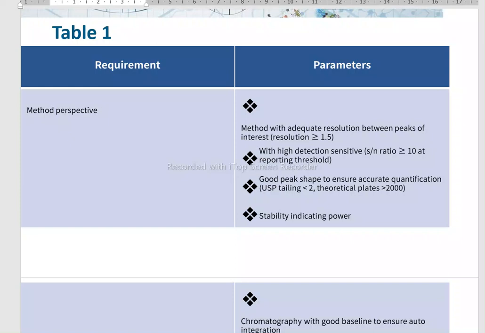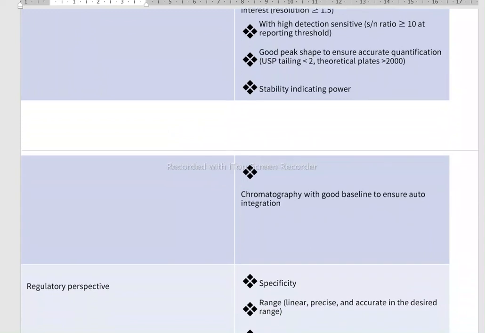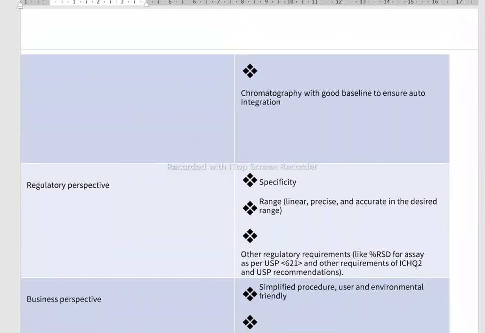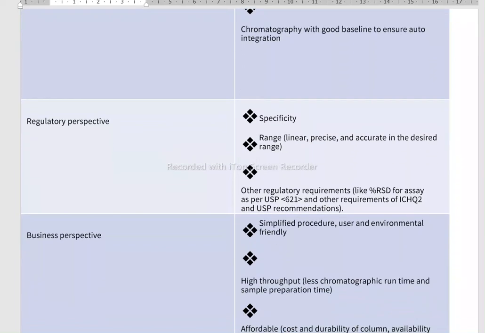The second perspective for the method ATP is the regulatory perspective. What is meant by regulatory perspective? It means specificity.